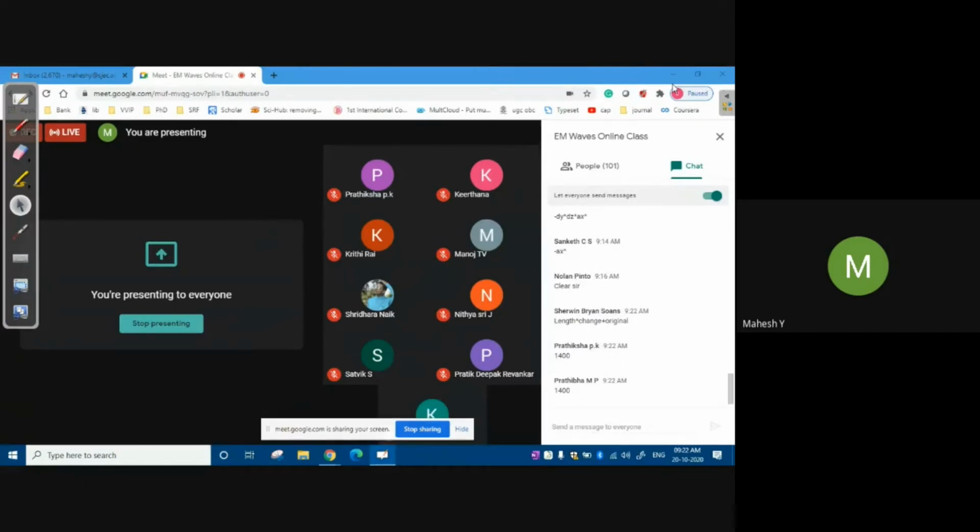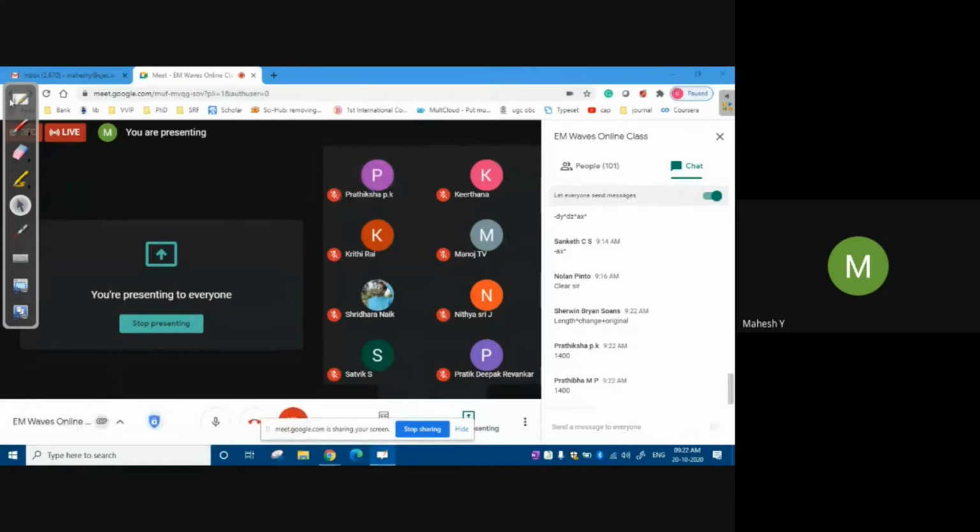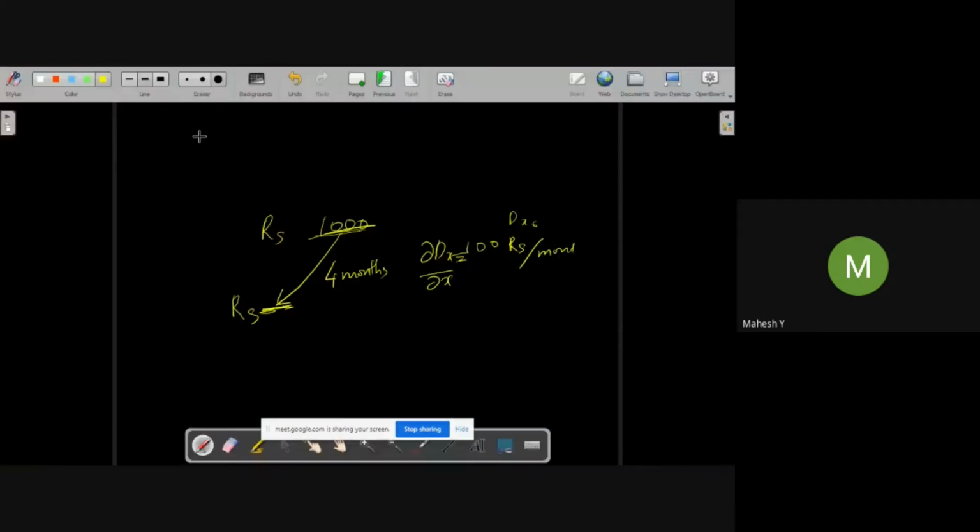Yes, very good. 1400. You are good in calculation of money, right? So in a similar way, can you tell me how I calculated this? I have 1000 plus 100 rupees into 4. This is how I did it, right?